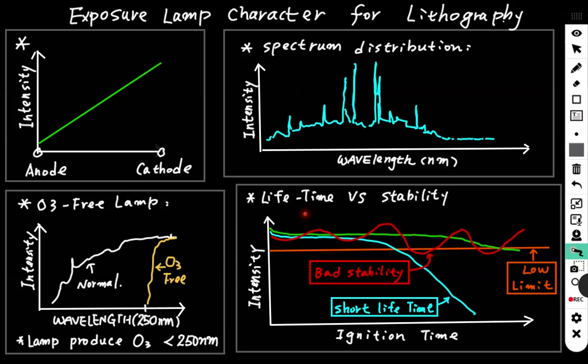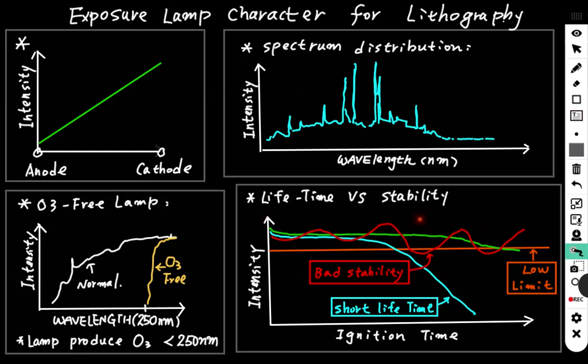We keep the intensity very steady, have good stability, and it decays slowly until the low intensity lower limit, and we have to replace it with a new lamp.